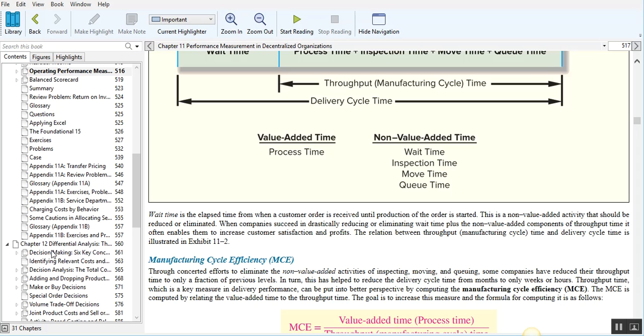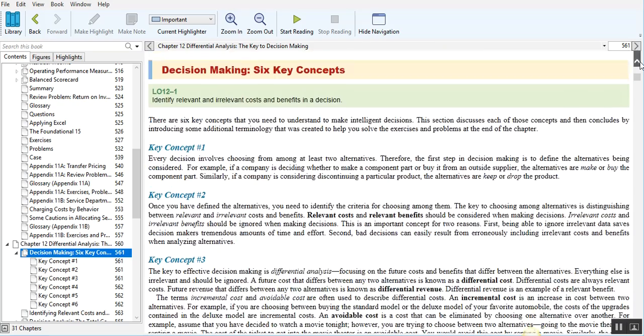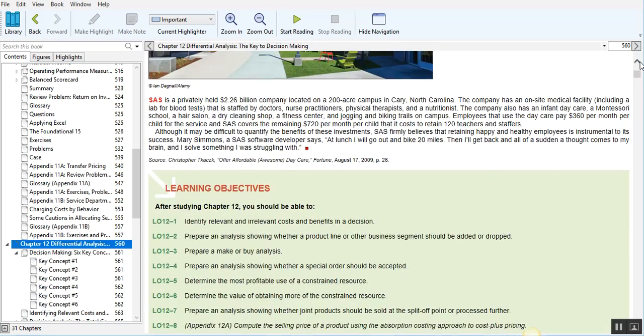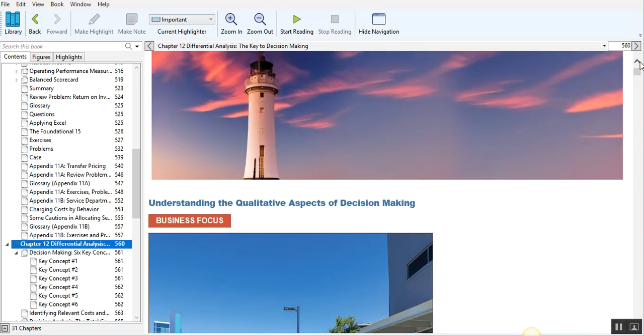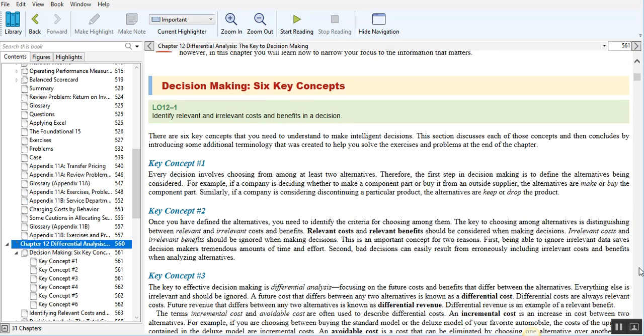Now I'm going to go down here to chapter 12, and we're going to look at decision making in an organization and how we analyze those decisions. So when we understand these, what they call qualitative aspects of decision making, we're going to look at what it is that we have to make decisions about.